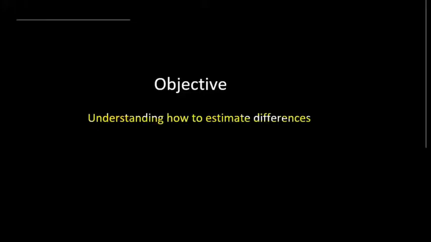Our objective for today is understanding how to estimate differences. Basically, as you can see right over here, we're just going to subtract a number, for example 351 minus 189.